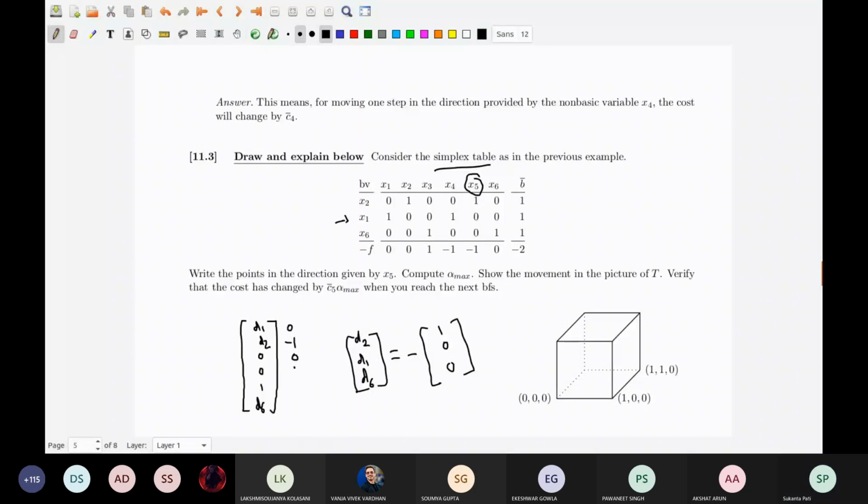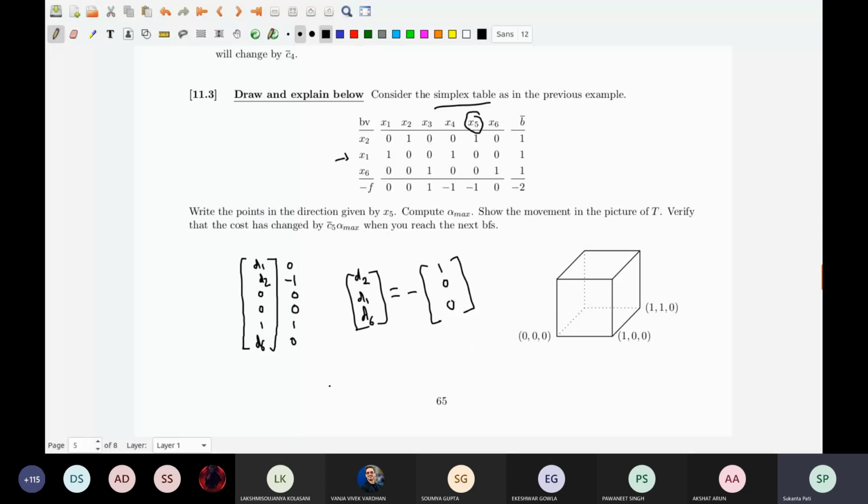Okay. So if I am going alpha unit in that direction, what is it that I will get? What was the starting point? The starting point was 1, 1, 0, 0, 0, 1. Suppose I want to go alpha unit in this direction. This is the direction given by x5, the non-basic variable.